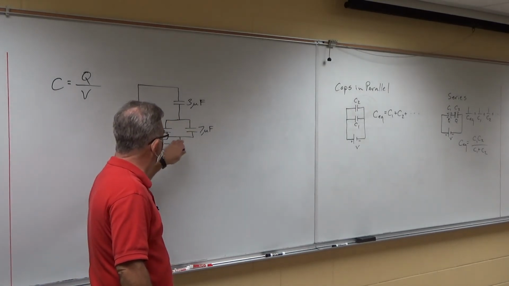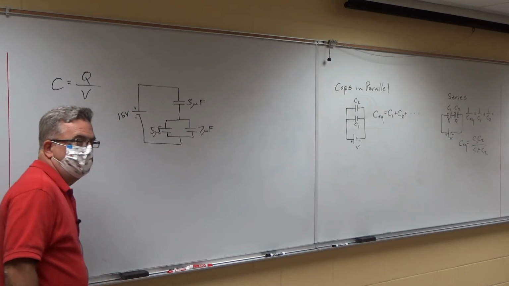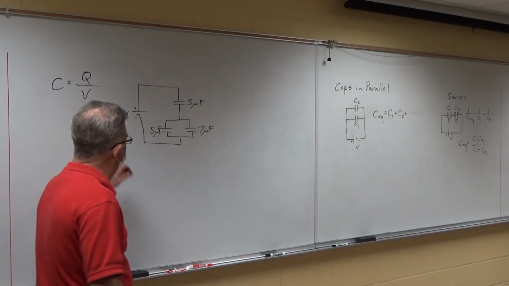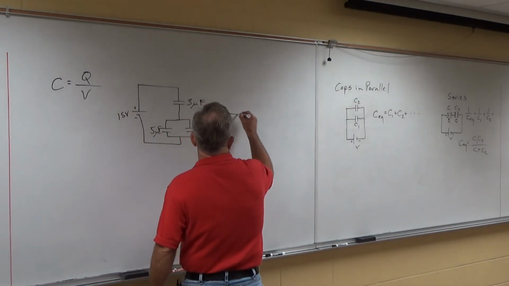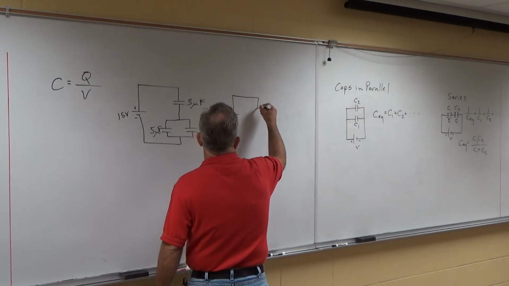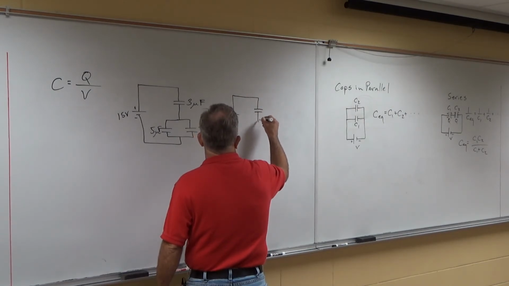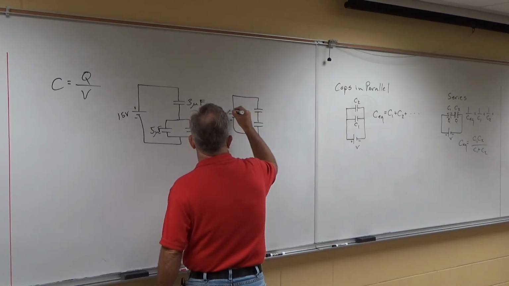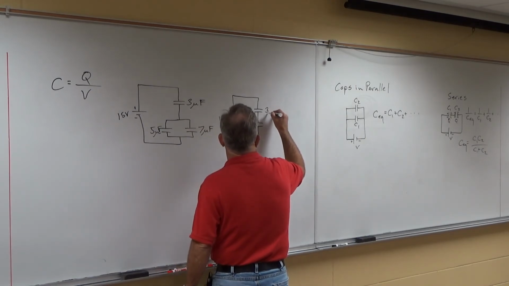I drew it very descriptively. Yeah, the 5 and the 7 are in parallel, so I'm going to draw the next picture with that equivalent capacitance. So it would look like this. This is 3, and this is 12.